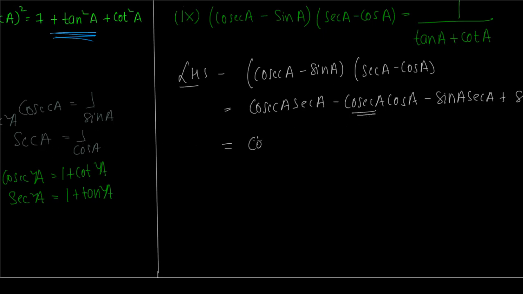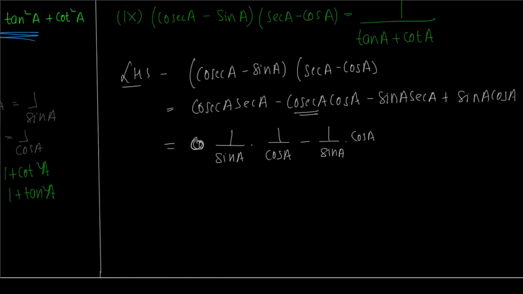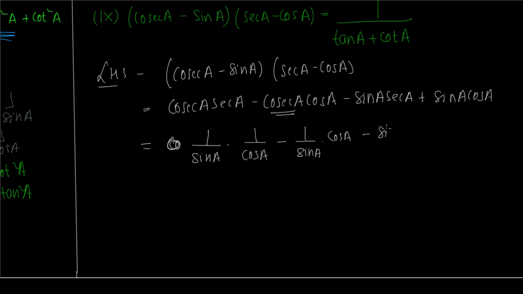You will get cosec A is 1 by sin A, sec A is 1 by cos A, minus cosec A is 1 by sin A into cos A, minus sin A into 1 by cos A plus sin A cos A. Clear? Now 1 by sin A cos A.